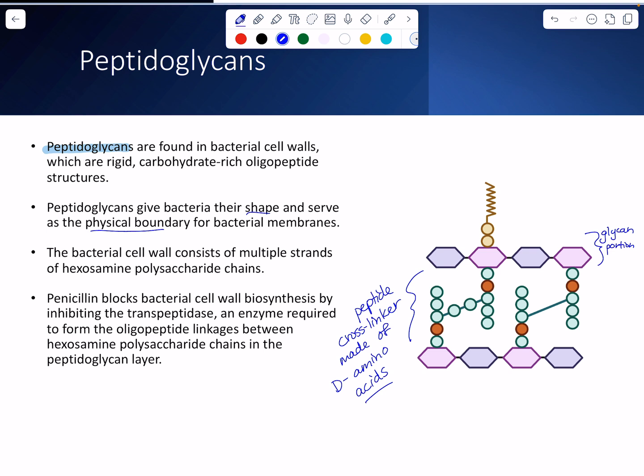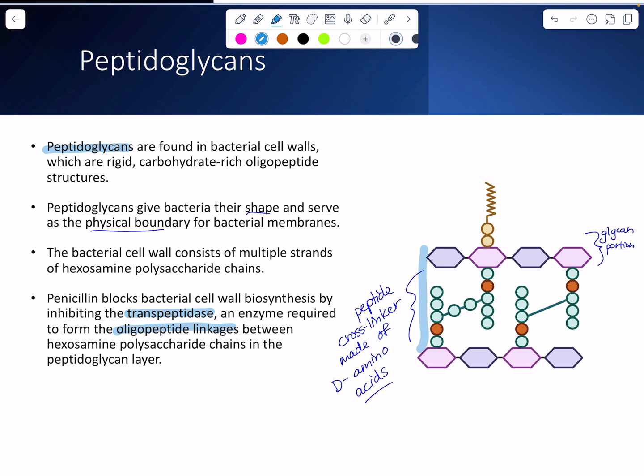We have this kind of repeated structure, and a key thing from a bacterial perspective is forming that linkage. That linkage is made by this transpeptidase linkage enzyme, which is going to make those peptide linkages between your chains here.